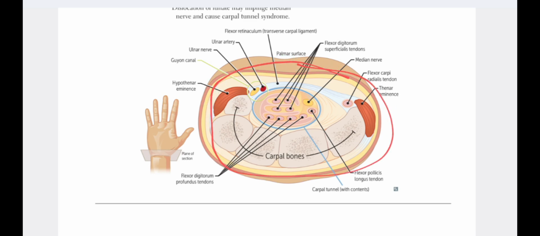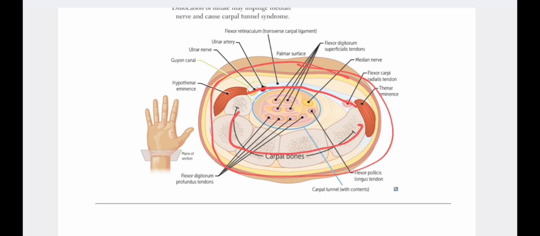So in this region, we saw that the lower portion is formed by the carpal bones, and on top we have a ligament known as the flexor retinaculum or the transverse carpal ligament. This provides stability, and it provides an anatomical location for structures to pass through.